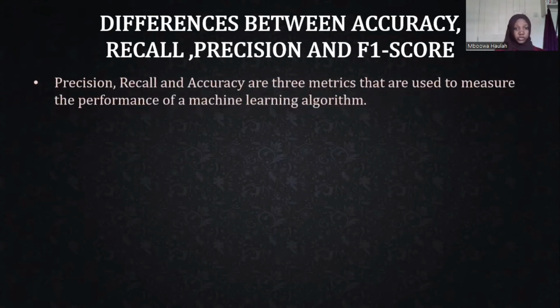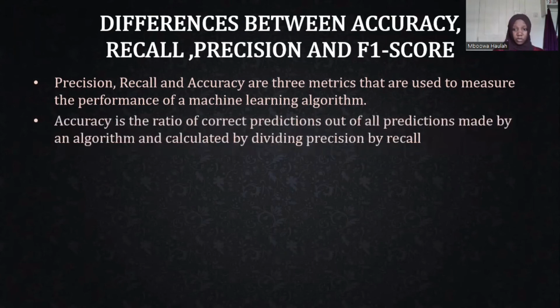Precision, recall, and accuracy are the three metrics that are used to measure the performance of machine learning algorithms. That's why they came into existence.